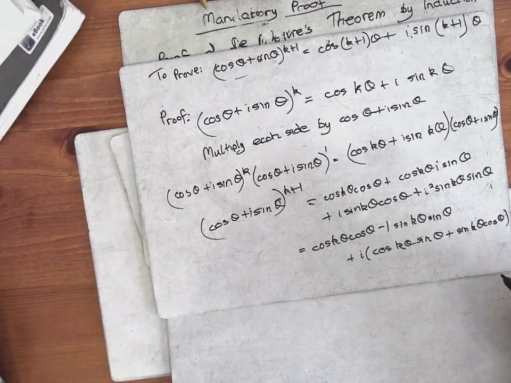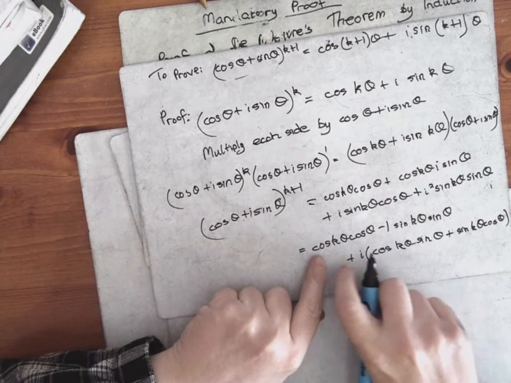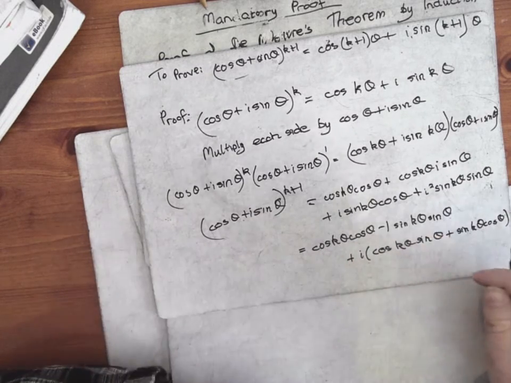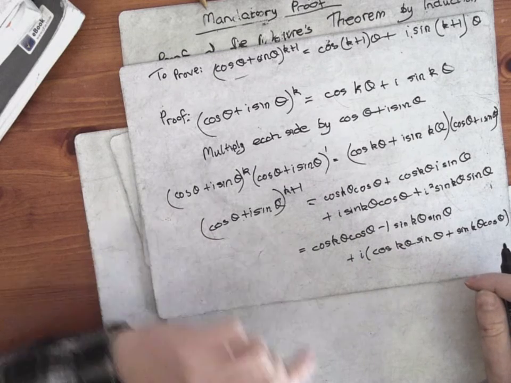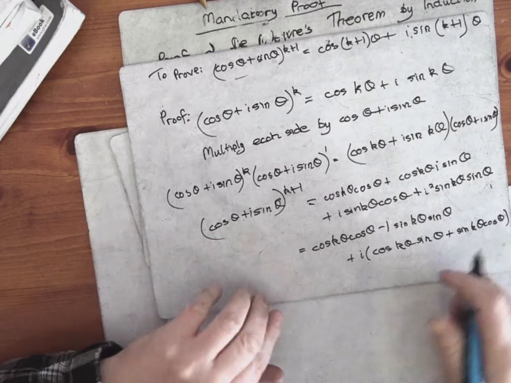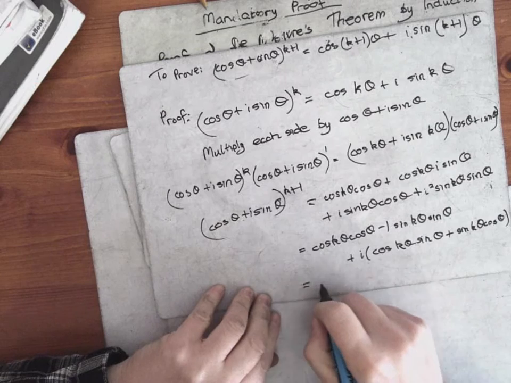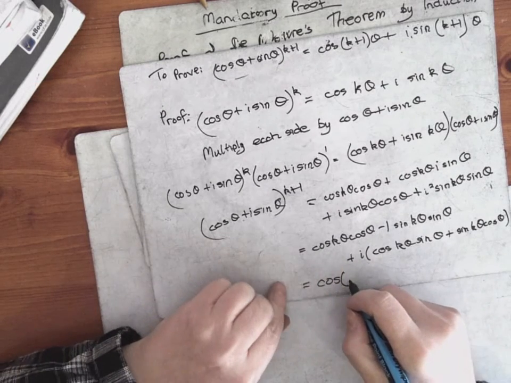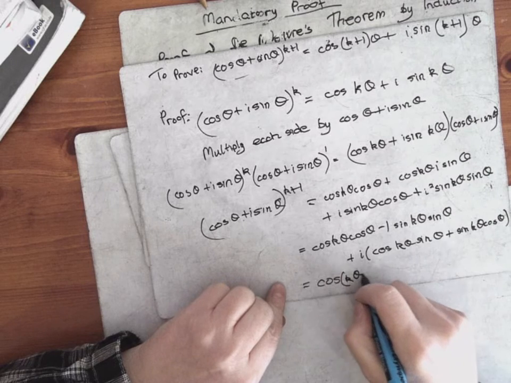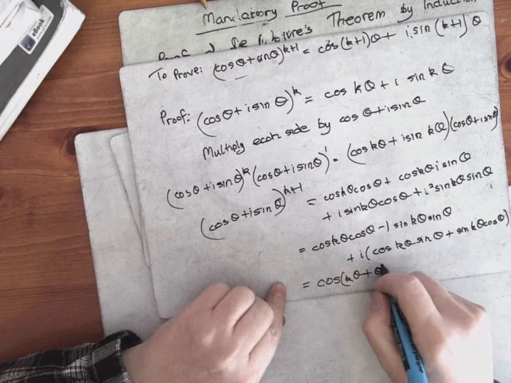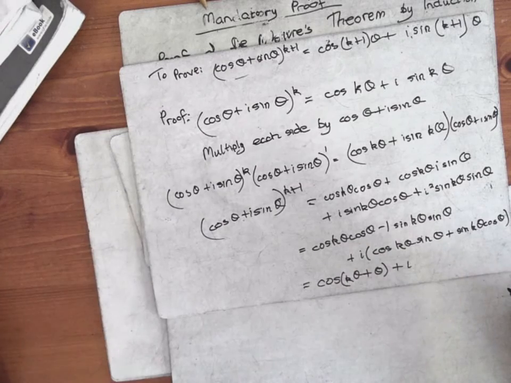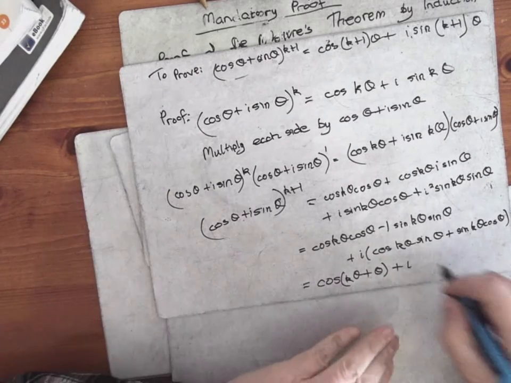So what this is, this is actually cos of A plus B broken up. Cos of A plus B is cos A cos B minus sine A sine B. The first one is cos of A plus B broken up, so A is k theta and B is theta. And the second bit is cos sine plus sine cos, that's sine of A plus B broken up.